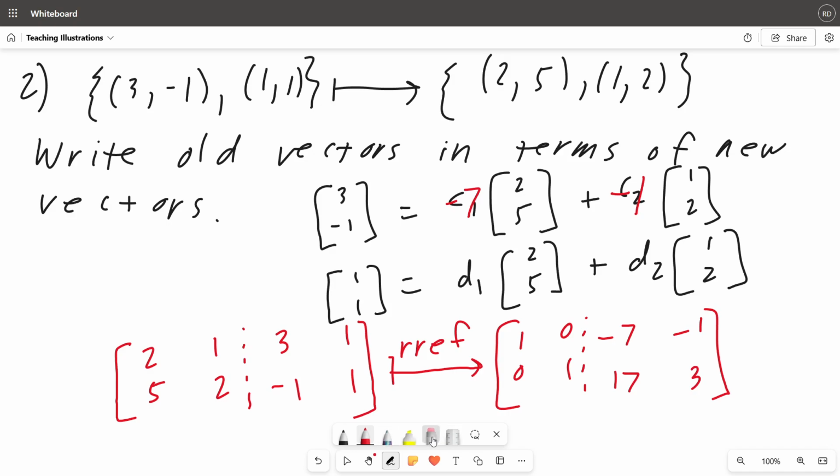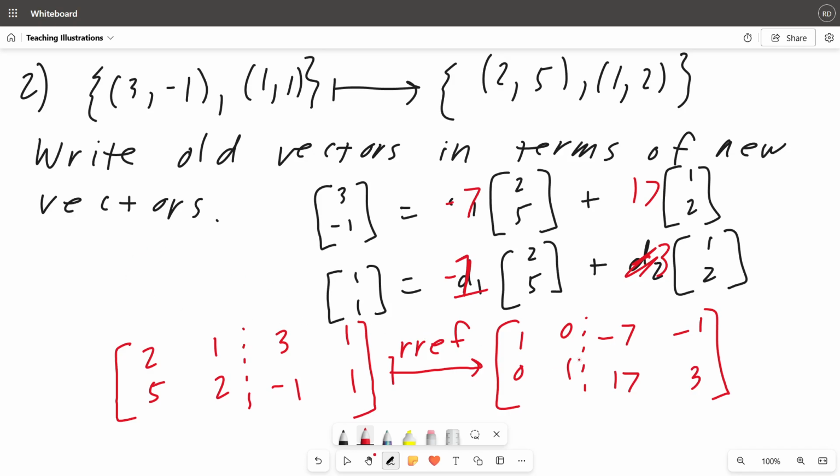Right, each column is the solution set, not each row. -7 and 17, and check that out. That's -14 plus 17 is 3, -35 plus 34 is -1, and then D1 would be -1, and D2 would be 3. And you can check that again and show that that also works.